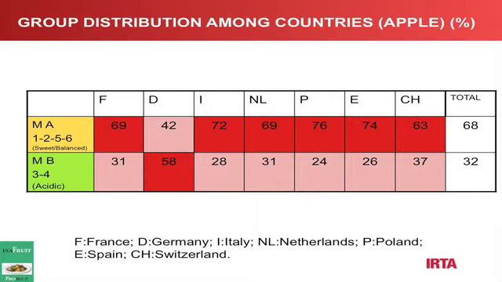Okay, the only country that was a little bit different was Germany. In Germany, the majority of the consumers were in the group of acidic varieties, but still, I have 42% of the people that like first the sweet and equilibrated varieties.